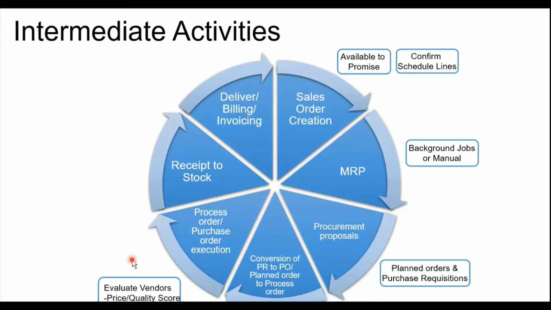So every time you mark a usage decision in the quality inspection, the system is going to generate a score for that particular supplier. Based on the score and the price the supplier provides, the purchase team has the ability to choose which supplier has to be selected to provide those raw materials or the packaging materials. And then we have the approval process by releasing or approving the purchase orders by a subsequent hierarchy of management.